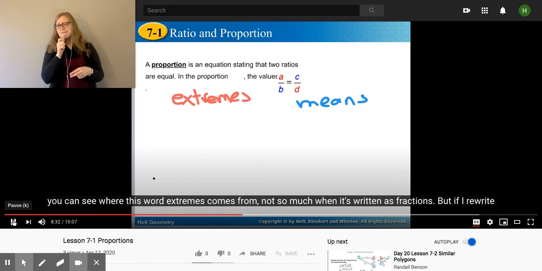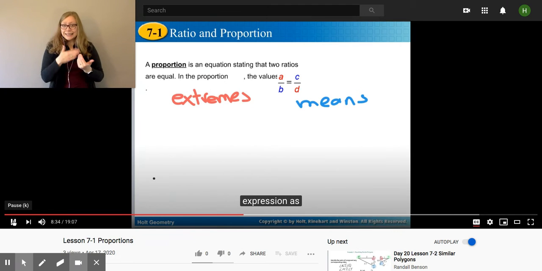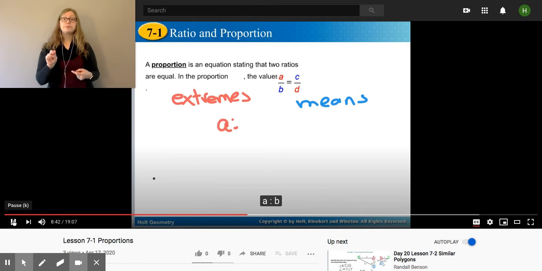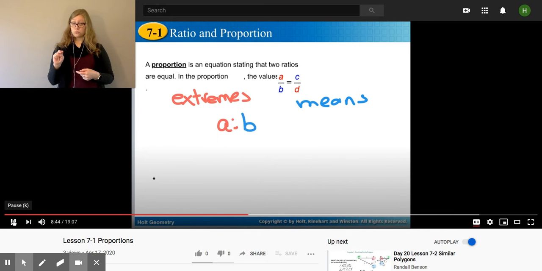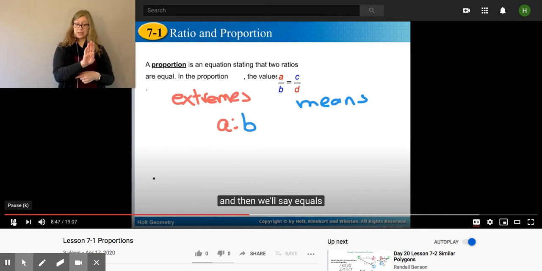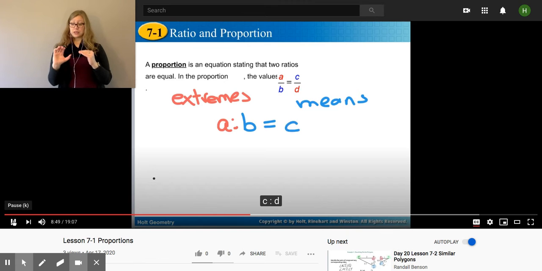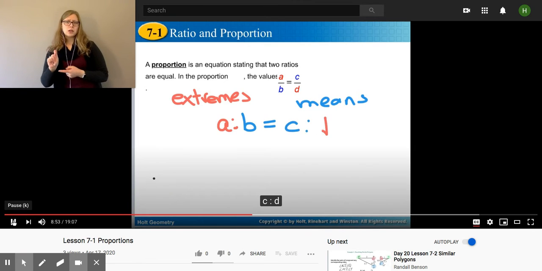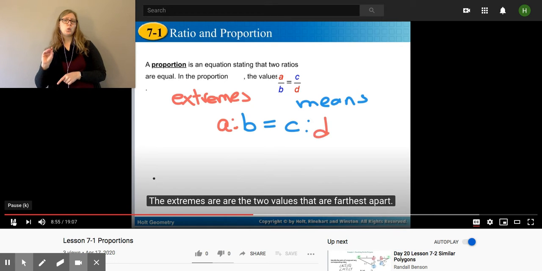And you can see where this word extremes comes from, not so much when it's written as fractions, but if I rewrite this expression using that colon notation, A to B, and then we'll say equals C to D. The extremes are the two values that are farthest apart.